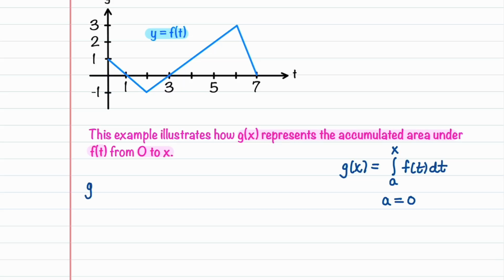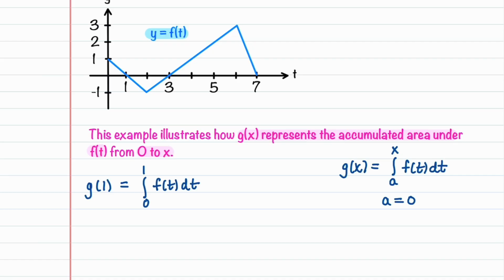Let's start by finding g at 1. All we have to do is replace x with 1. So this is the integral from 0 to 1 of f of t dt.